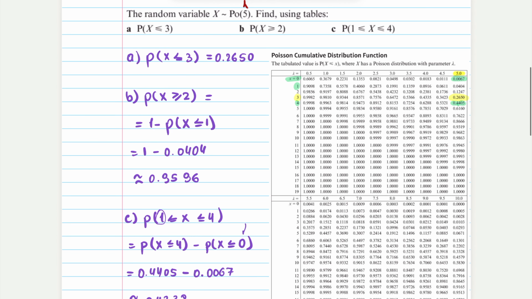So remember, when you're using a cumulative distribution function for Poisson, to find the lambda, which is mostly going to be given in the question, or you work out the lambda value, and then when you look at the table, you just make sure that you're finding the probabilities for the corresponding lambda values.